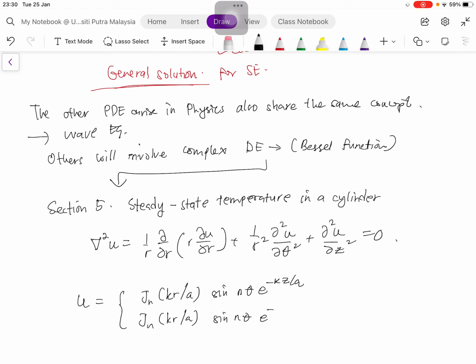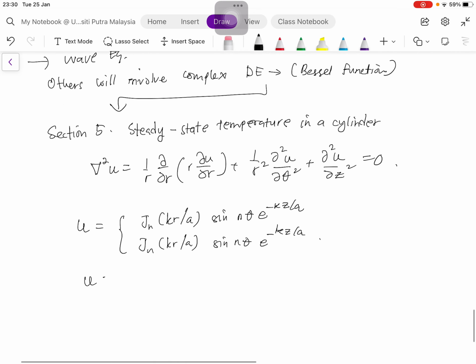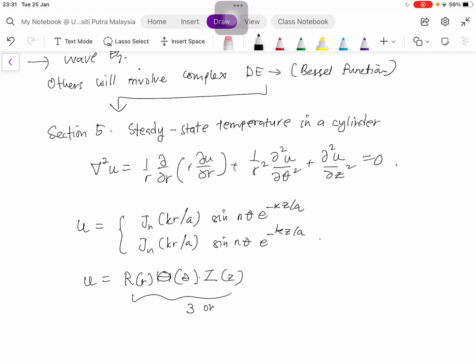So look at how many variables over here. Your u now is a function of r, so one can have a multiplication of R(r), Theta(theta), and then you have another one, Z(z). These are three one-variable functions.